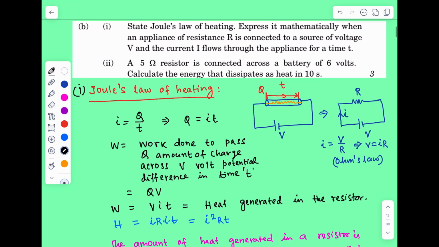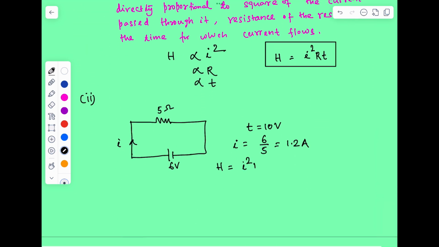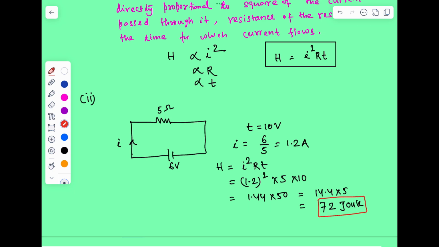So the amount of heat generated or energy dissipated will be equal to I square R t, that is equal to 1.2 square into 5 into 10, that is equal to 1.44 into 50, that is equal to 14.4 into 5, that is equal to 72 joule. This much amount of heat will be dissipated in the resistor.